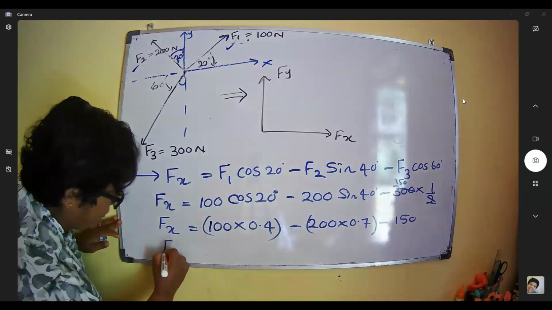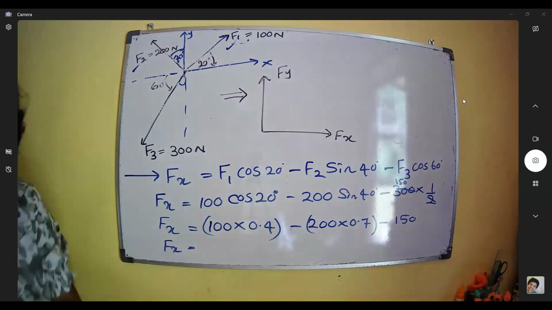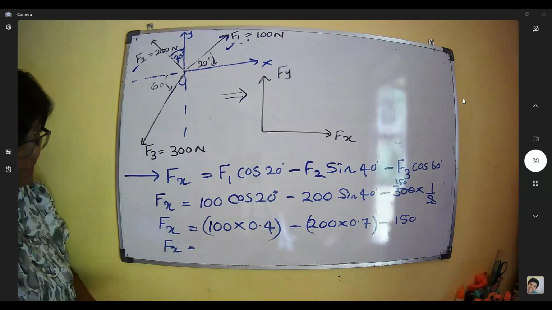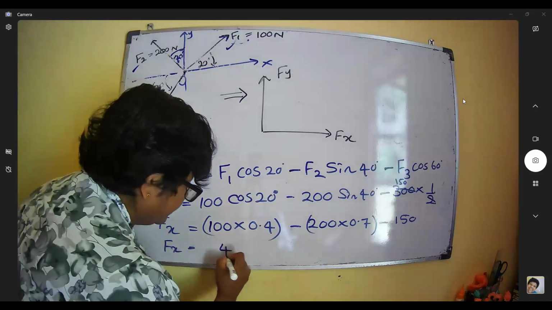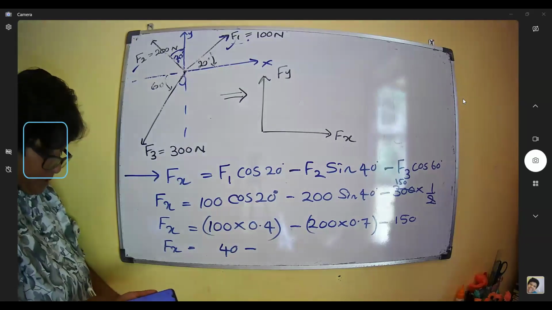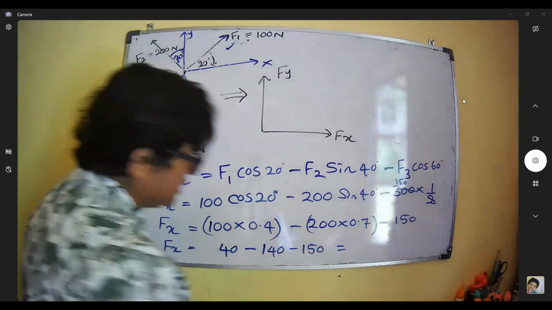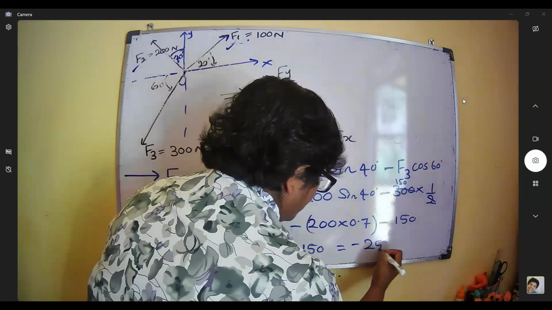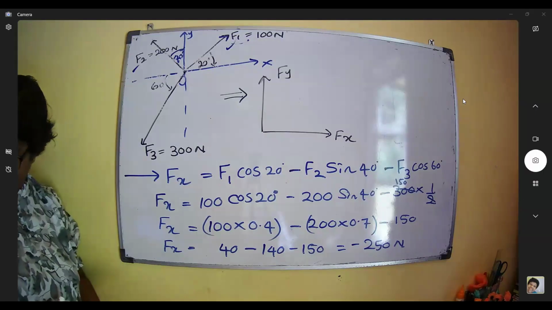Then we can find the Fx value along the x-axis, right? 100 into 0.4, 40, minus 200 into 0.7, 140, minus 150. Then the answer is minus 250. Direction is opposite. We are taking Fx along the positive right hand side, right?